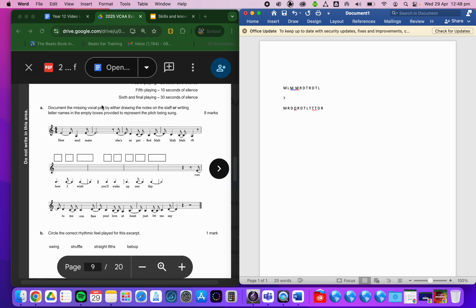Anyway, so it's. That's the first line. So mi, la, mi, So that was the bit you had to transcribe.